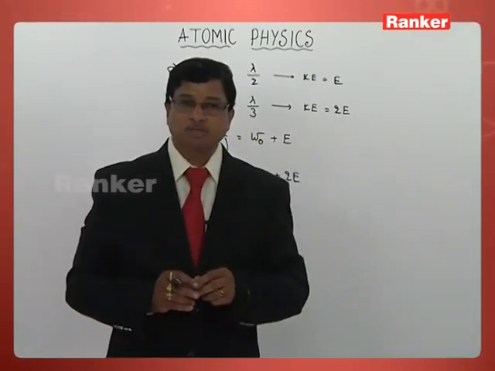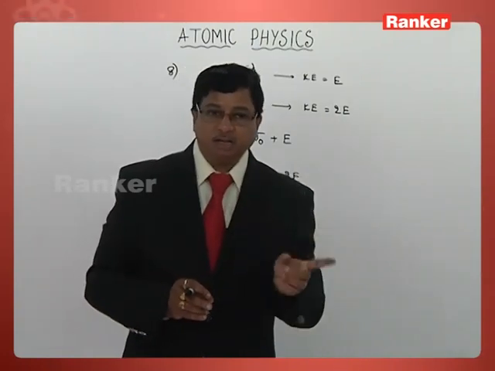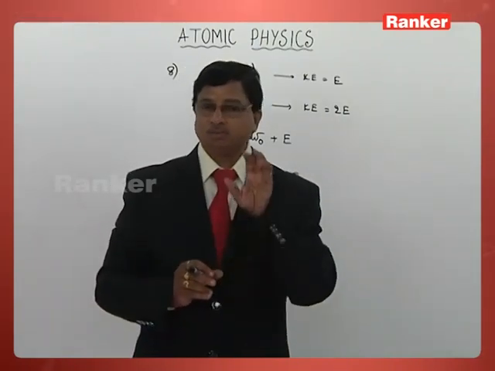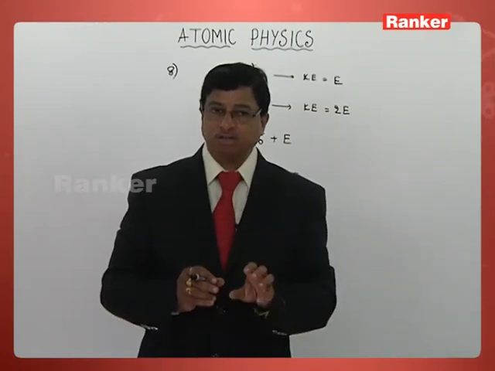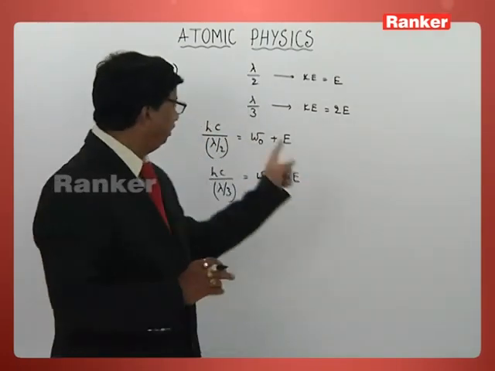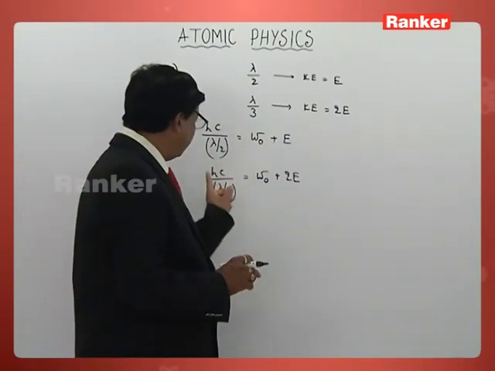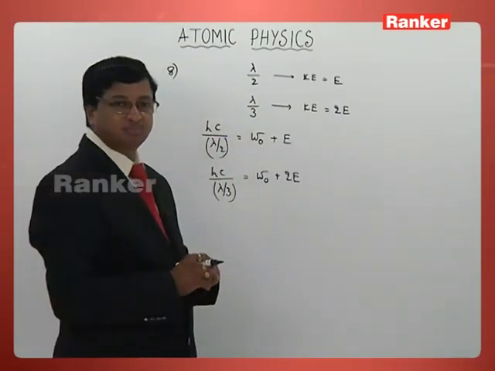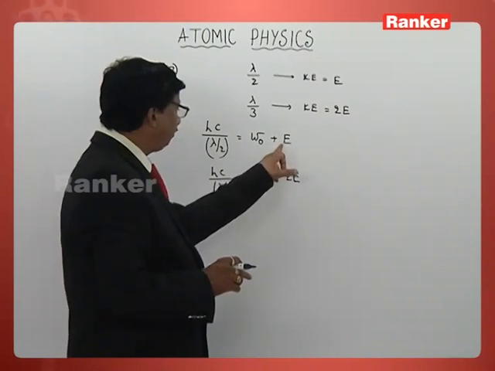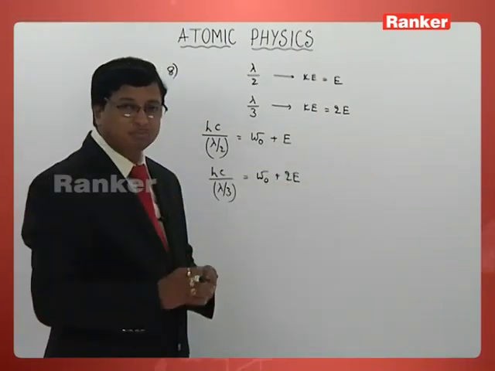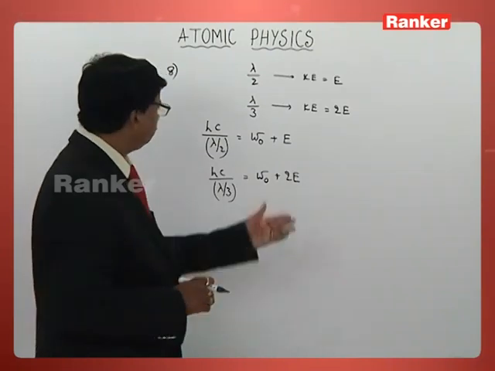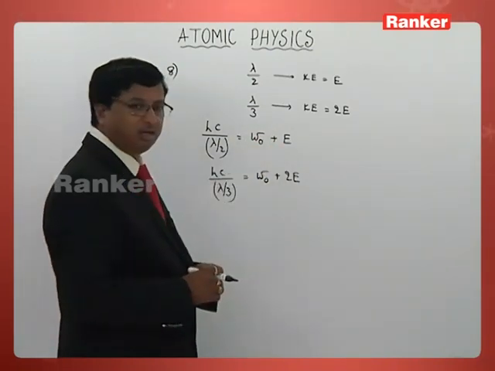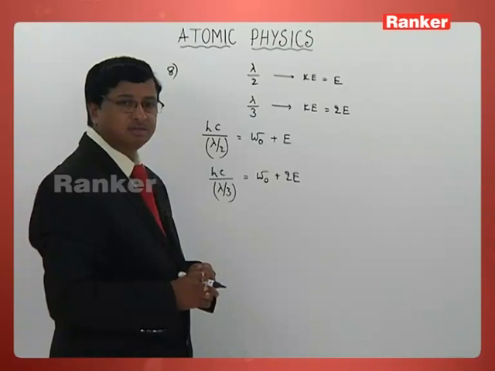And fourth option, Hc by 3 lambda. So observe very carefully, he is giving work function in terms of h, c and lambda. But we don't have the letter E anywhere in those options. So simply eliminate E and finalize your answer.